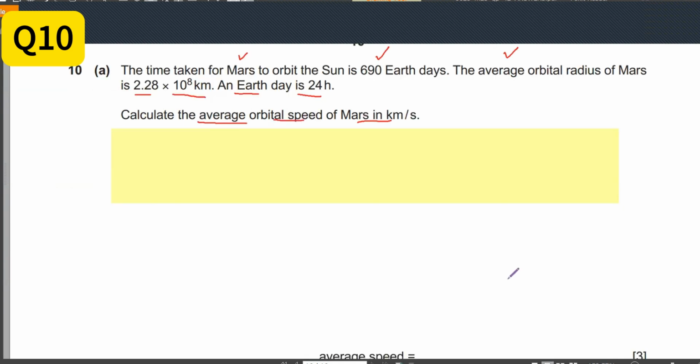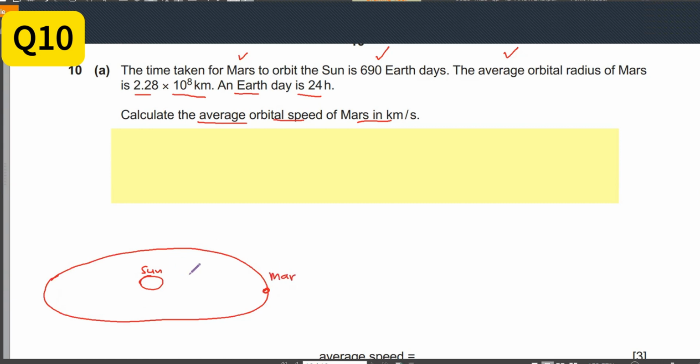So the idea is like this. We have the Sun, and then we have the orbit. Mars is orbiting around the Sun, moving around the Sun over time.